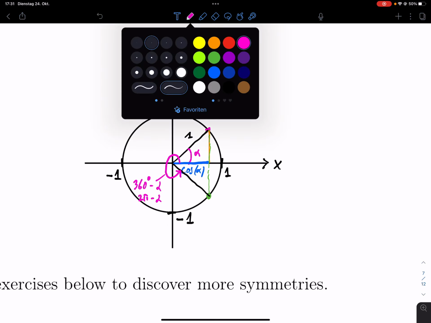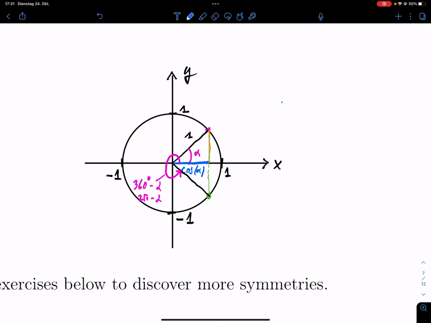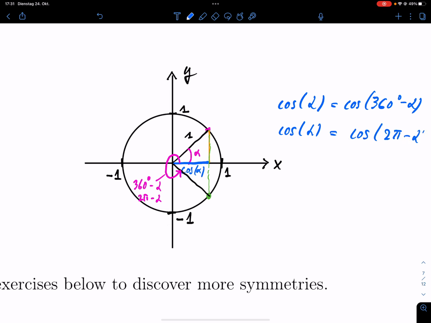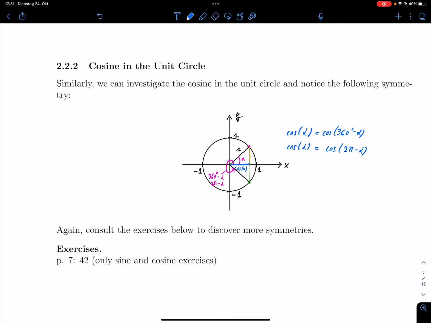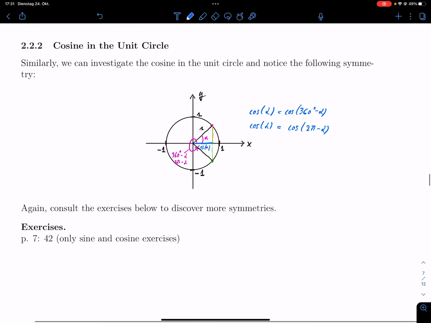So from that we know that cosine of alpha is the same as cosine of 360 minus alpha, or in radian, cosine of alpha is the same as cosine of 2 pi minus alpha. Those are the two important symmetries for sine and cosine.